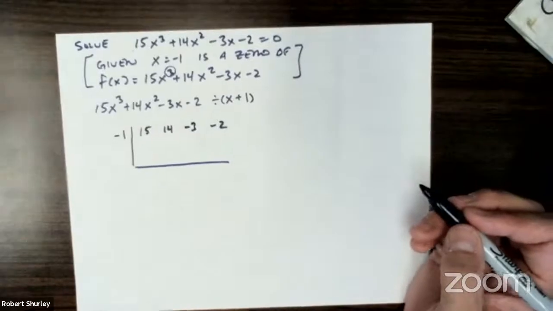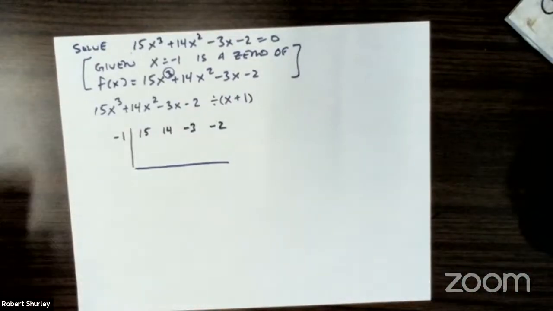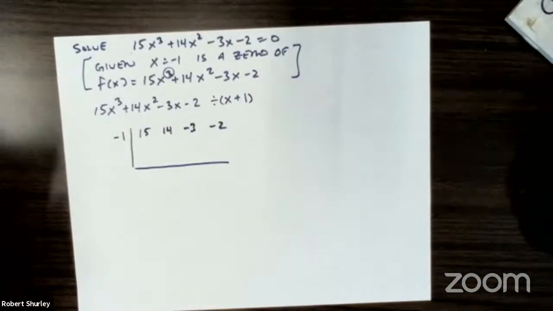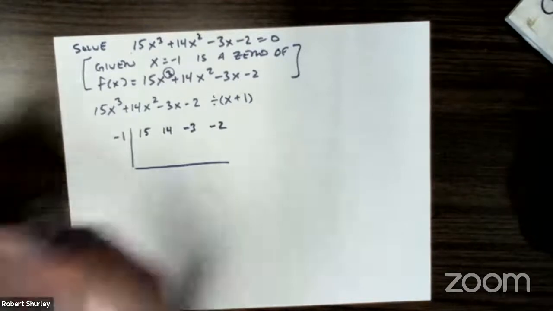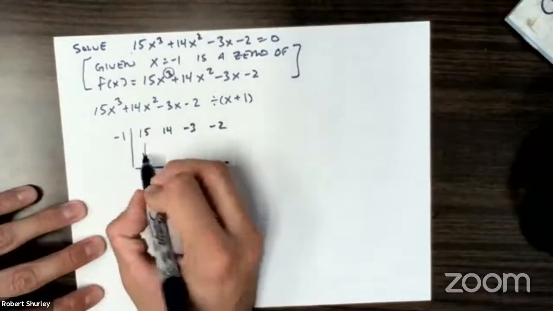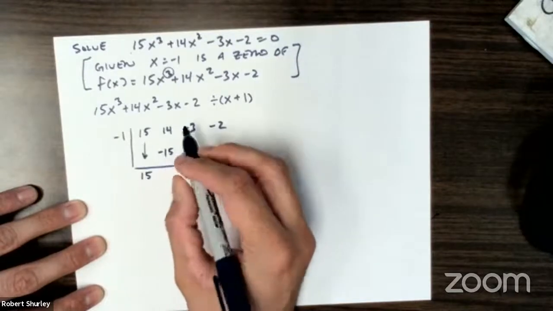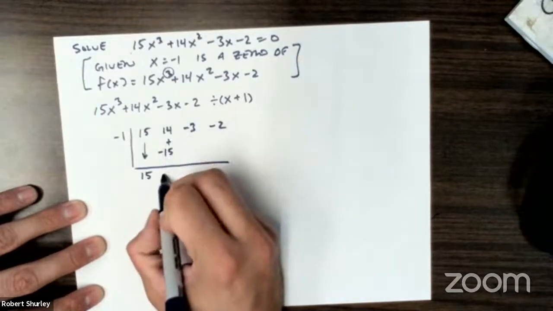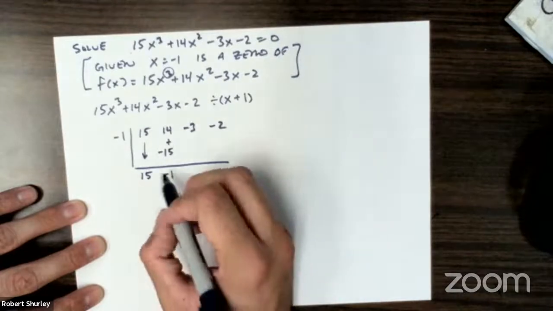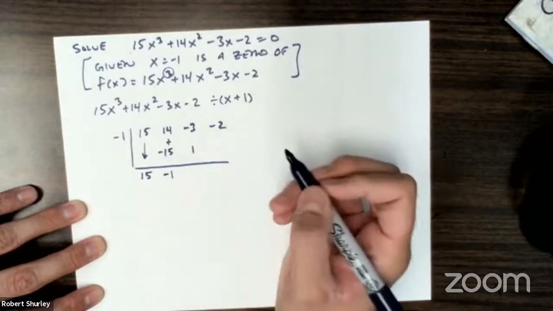Okay. And then I'm going to do what we've been doing for the last 40 minutes. I'm just going to actually divide this out. So I'm going to bring down the 15, multiply it. So -15, right? Add it, I get a -1. Multiply it, I get a +1.